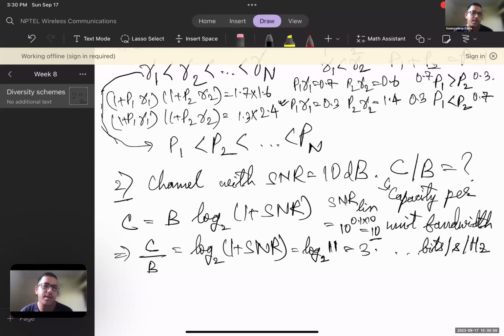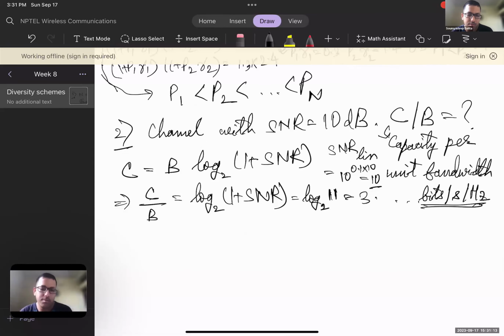So BPS stands for bits per second. And when I divide it by bandwidth, the unit of bandwidth is hertz. So it becomes bits per second per hertz. So this unit is important. Otherwise, this is a very simple, straight formula-based question. Okay. I hope this is clear.